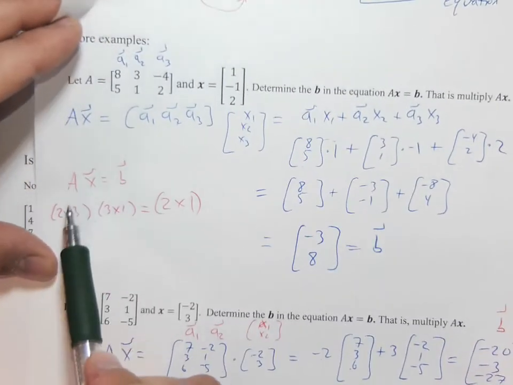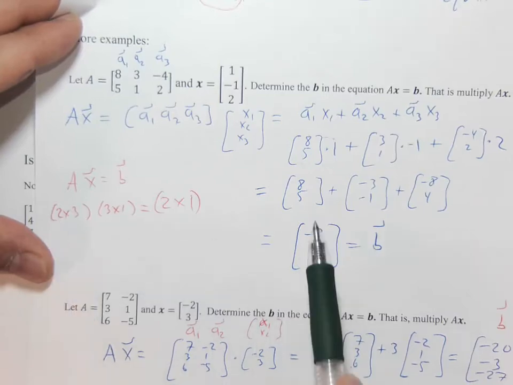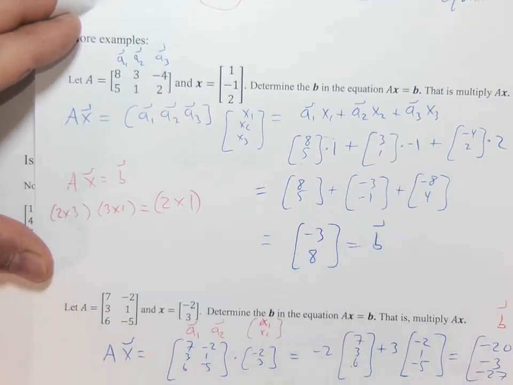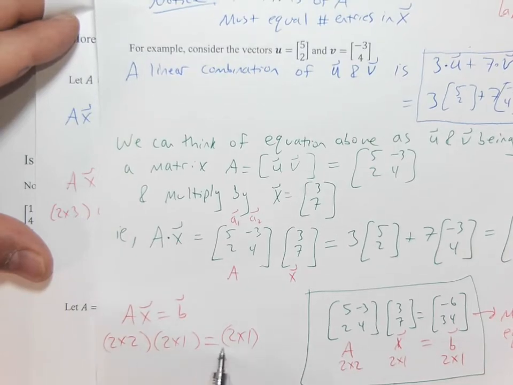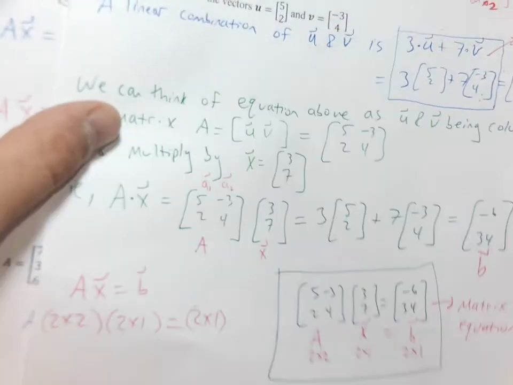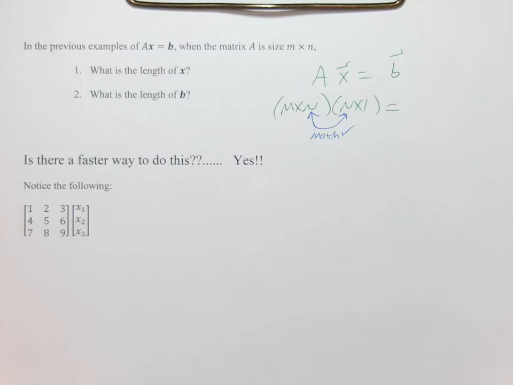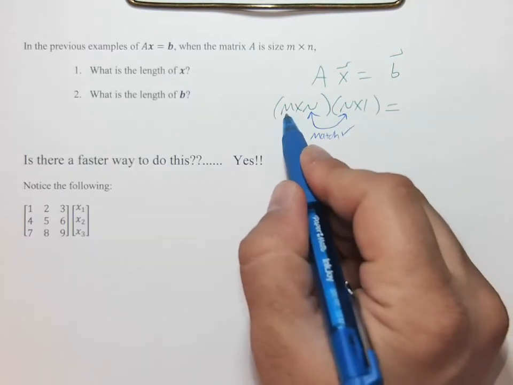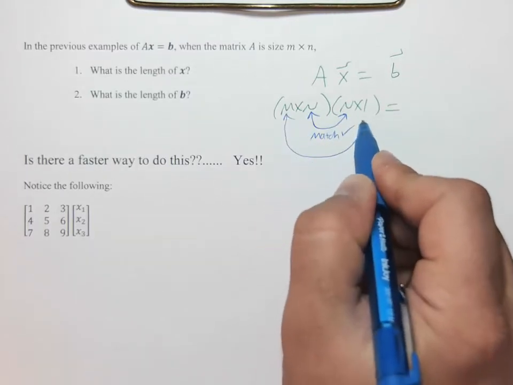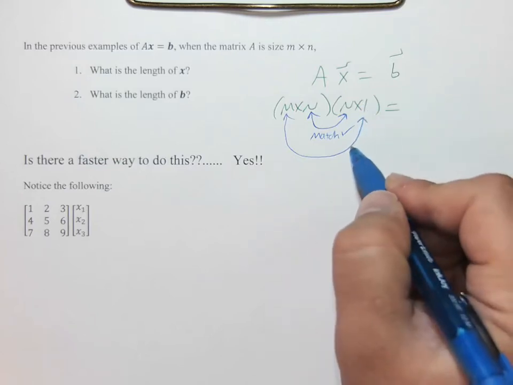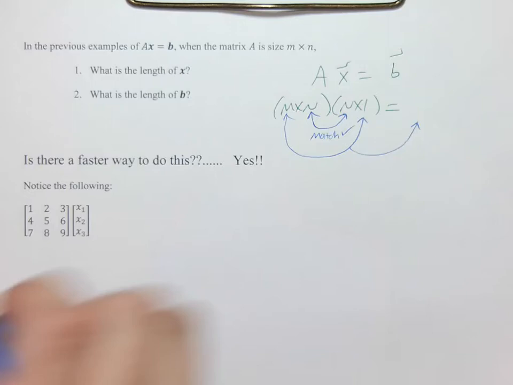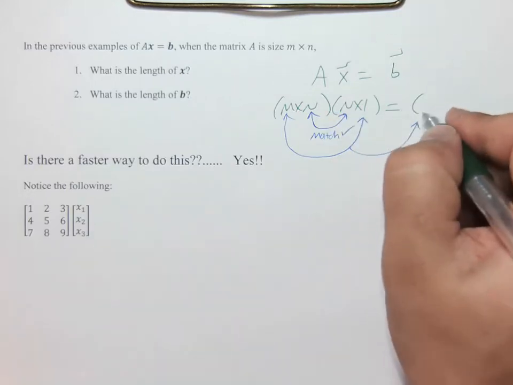In this one, A had 2 rows, and so we ended up with an answer that had 2 rows. And the first one, same thing. A had 2 rows, we ended up with an answer that had 2 rows. And so what we see here is that this number m and this number, which is always going to be a 1, ends up being the size of the vector b.